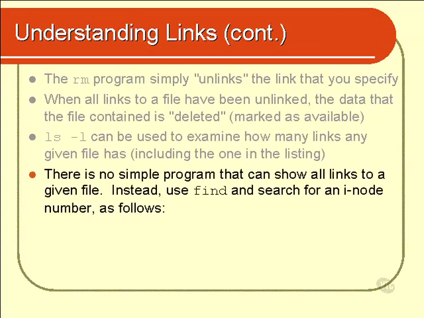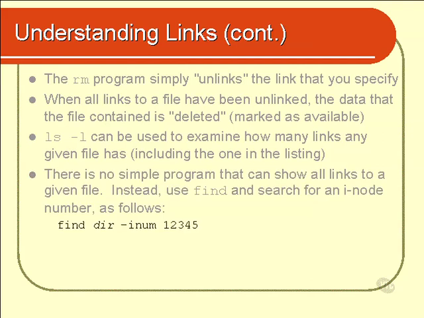Well, the answer is there is no really simple way of finding out. You can do it. It's actually quite easy to do, but there's no simple program that you just plug in an inode number and it tells you what all the links to that inode number are. You have to use the find program. And instead of, say, finding a given named file, you search for a given inode as follows.